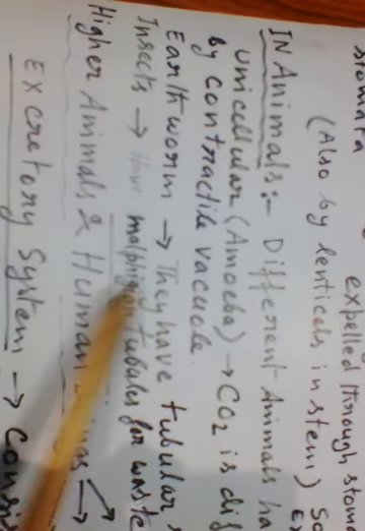In unicellular organisms, with a single cell body, like amoeba, they remove CO2 as a waste material by diffusion through the cell membrane, and the ammonia NH3 they produce is removed by a special type of vacuole called the contractile vacuole.